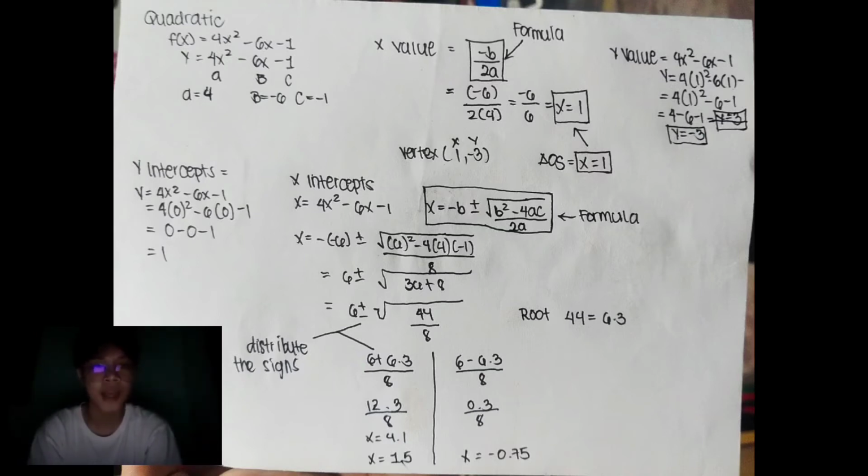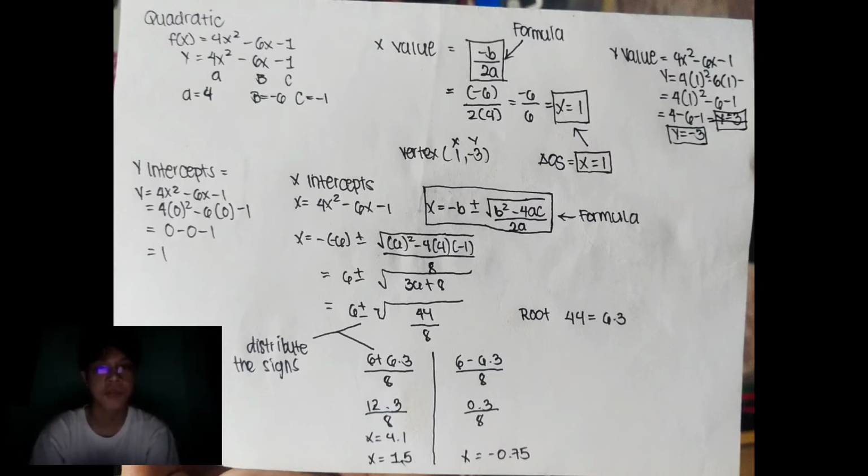After that, add and multiply all the numbers. It becomes 6 plus or minus root 36 plus 16 over 8. Subsequently, 6 plus or minus root 44 over 8. The root of 44 is 6.3.